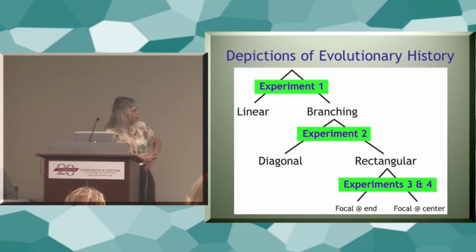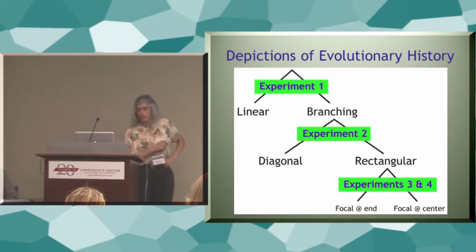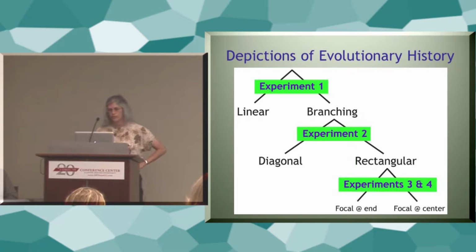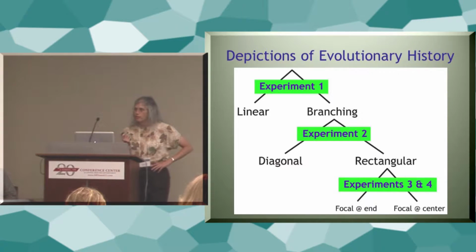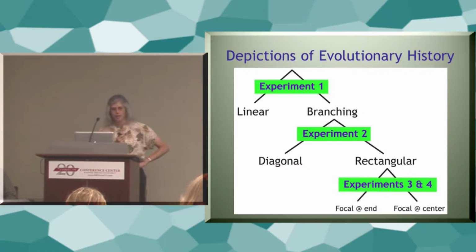In the first experiment, I'm going to talk about interpretations of diagrams that present linear versus branching depictions of evolutionary history. In the second experiment, I'm going to focus on just branching diagrams and compare whether that branching structure is represented in a diagonal or a rectangular format.